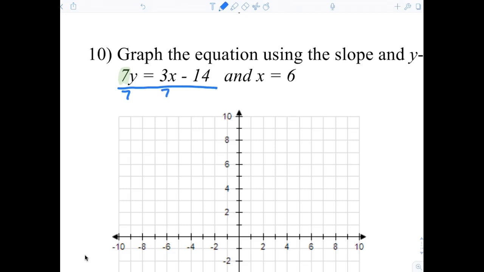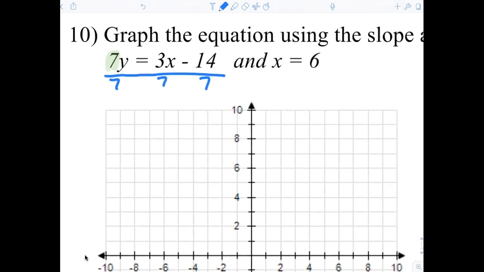Divide by 7, divide by 7, divide by 7. When you do that, you end up with the equation y equals 3/7 x minus 2. Anybody have any objections to that?